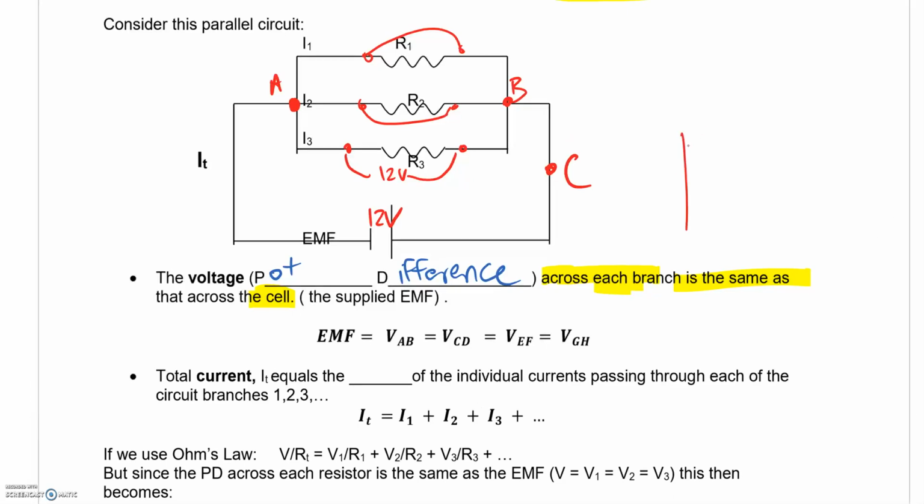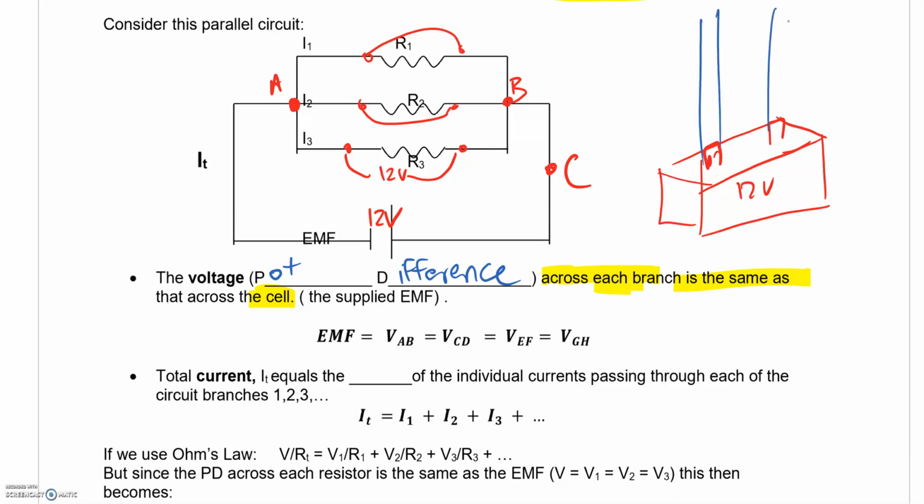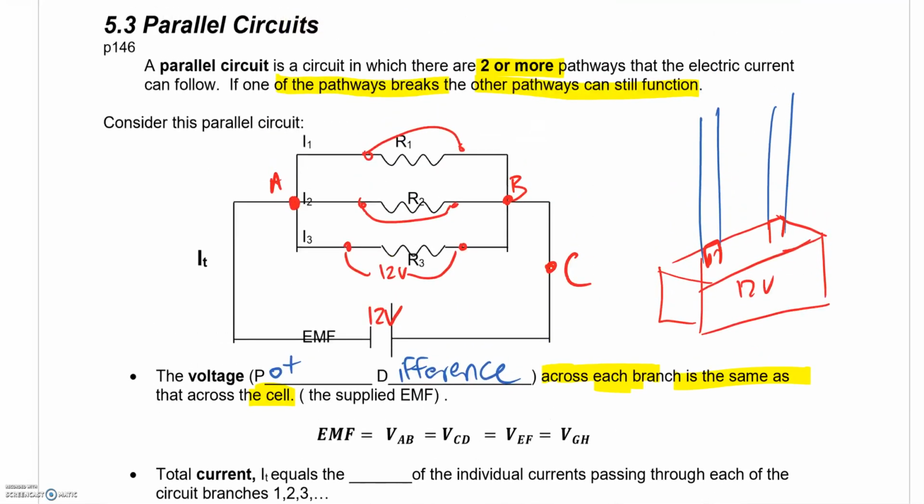I liken it to a car battery. Here's my drawing of a car battery. That's probably better. There's the two terminals, 1, 2, and that's 12 volts. If you're doing a parallel circuit, think of it as just extending those terminals out and being able to put a number of branches across those terminals.